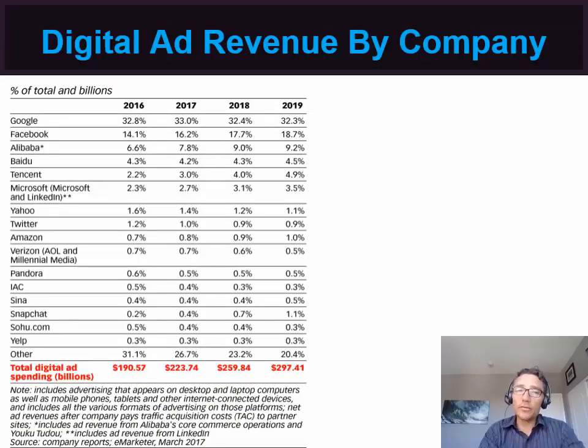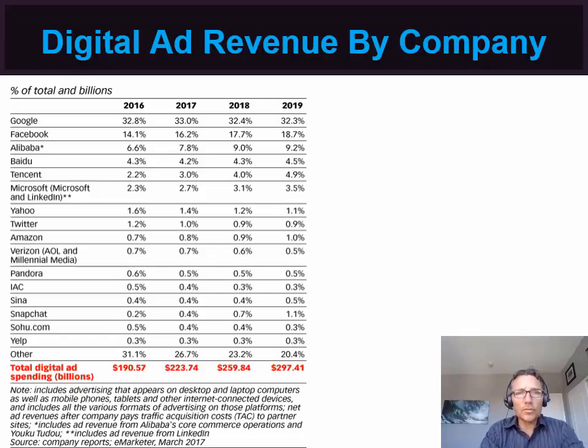And then here we see the revenue by company. No big surprises here. Look at these two 100-pound gorillas in the digital ad space, like Google and Facebook. And you see some other international companies listed here. Tencent is in China.